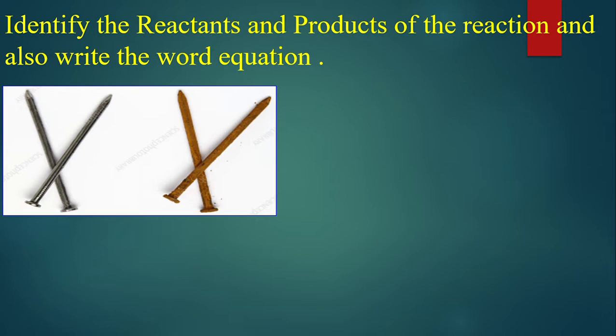So I guess you have done your work. You have written the reactants as well as the product along with the word equation related to this reaction. Students, those who are not able to write the word equation and not able to find out what the reactants and product are, please go through the two videos I made related to word equations, where we are talking about class 10th chapter number 1, chemical reactions.